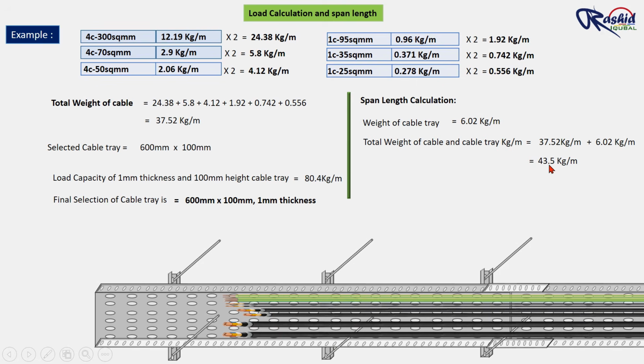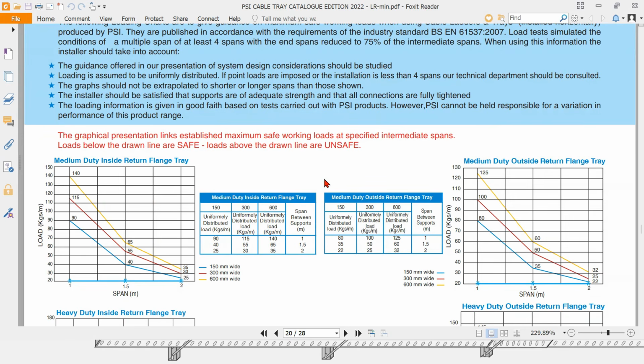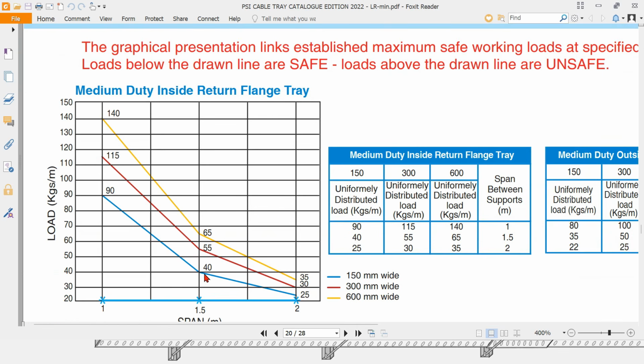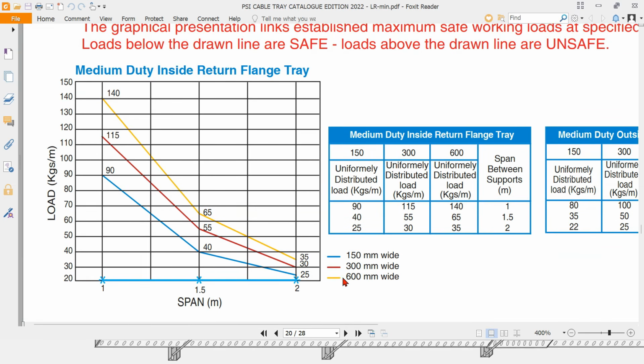Now we go back to the cable tray catalog and refer to the load versus span graph. You can see here the yellow line representing the 600 mm width cable tray. This yellow line, this is 600 mm, what we selected earlier.